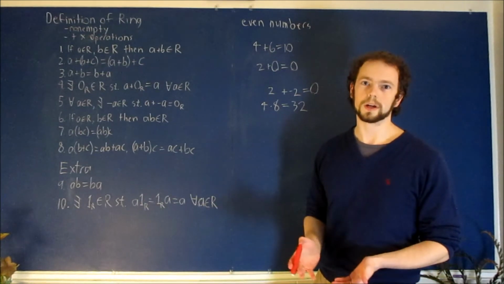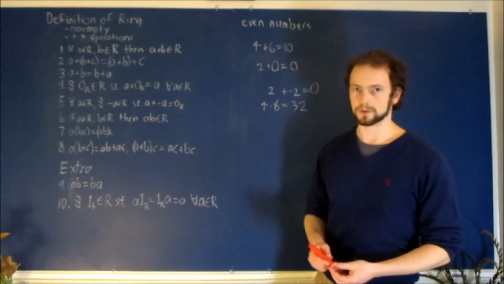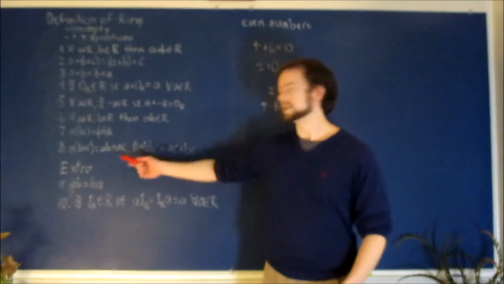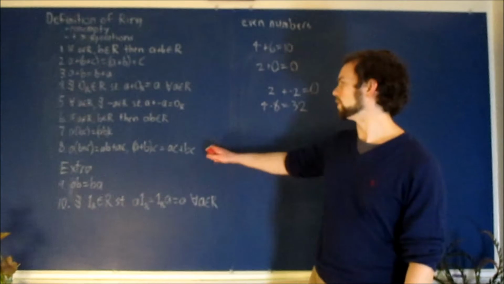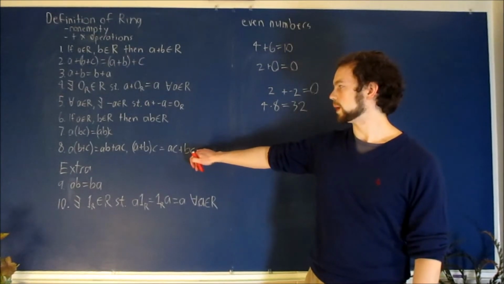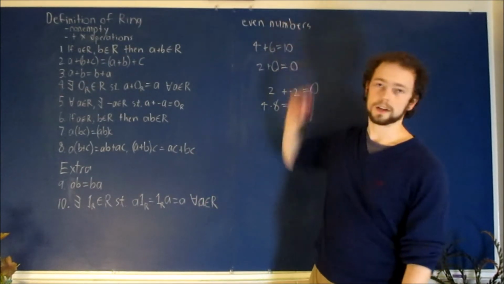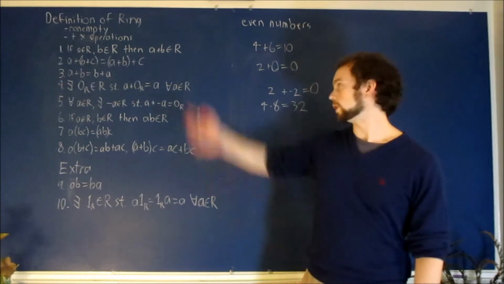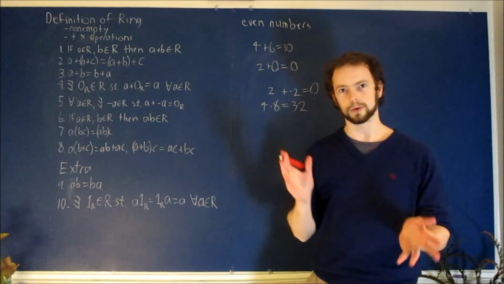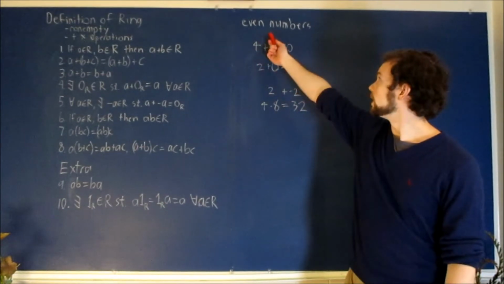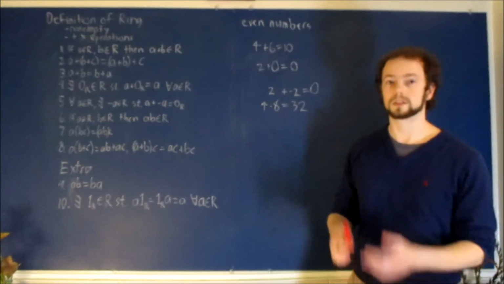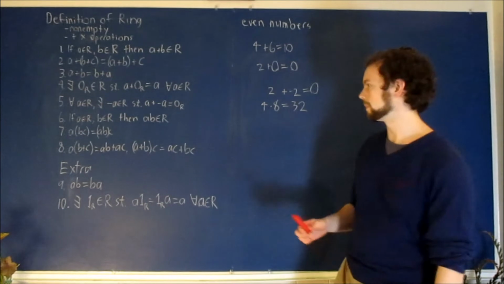We already know that all integers obey this distribution property. Okay, so property 8 is also satisfied by the even numbers. So we went through all of them. We showed that all these properties are satisfied by the even numbers. Therefore, the set of even numbers constitutes a ring. Okay.